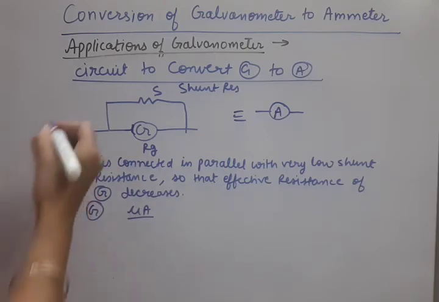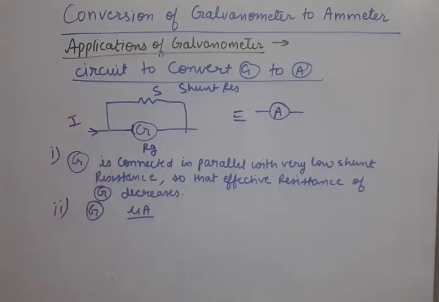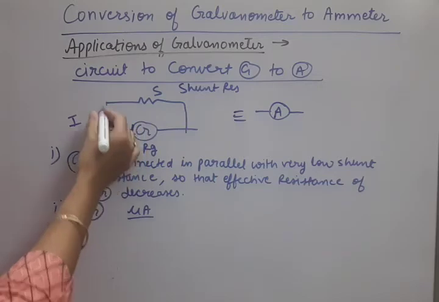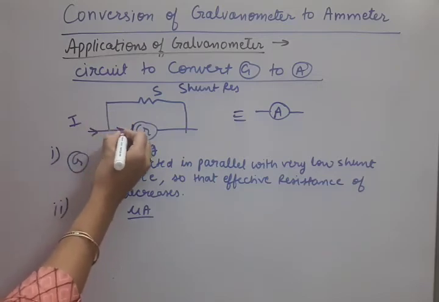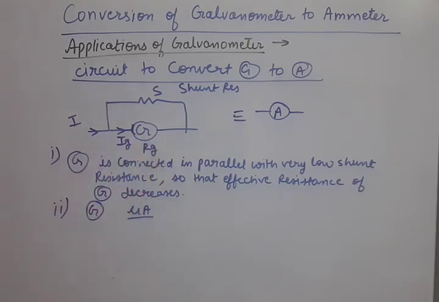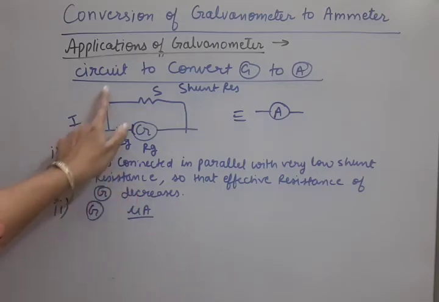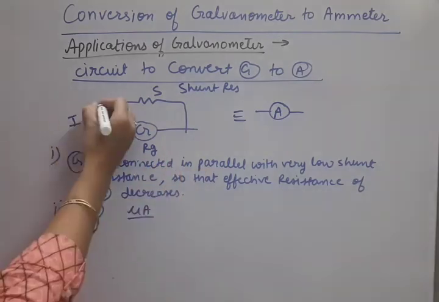If we flow a current of value I, which is in amperes or milliamperes, a large current, then the division of the current will take place. The galvanometer will take the maximum current which its coil can tolerate, which is in microamperes. So all the remaining current will pass through the low shunt resistance.